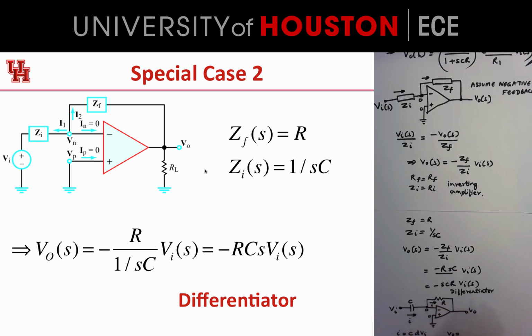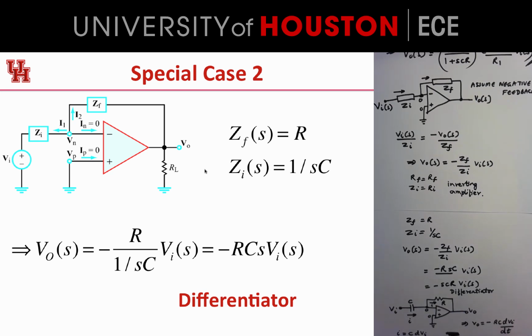So this current I can be written as 0 minus V0, which is minus V0, divided by this resistance R, right? So we can rewrite the same thing as V0 equals minus RC dVi by dt.